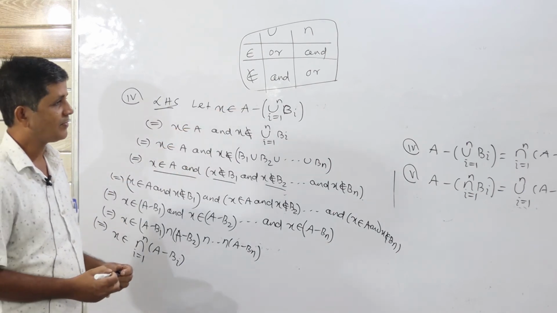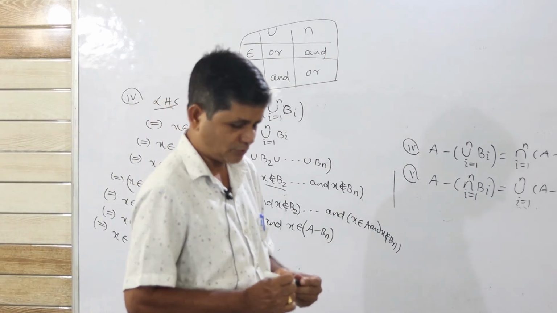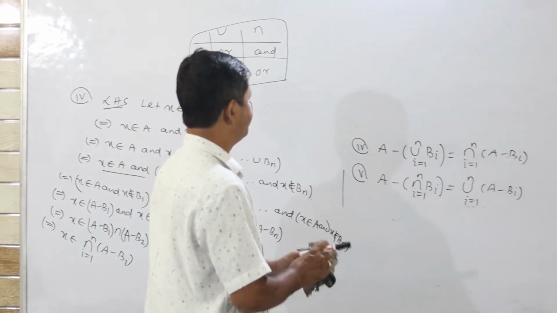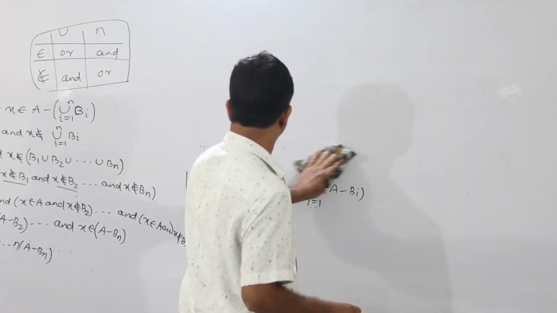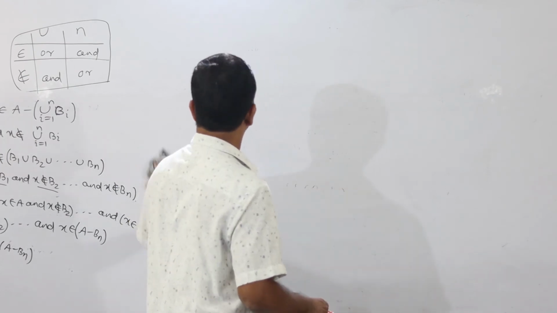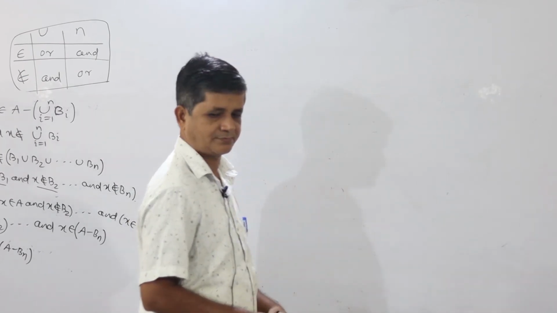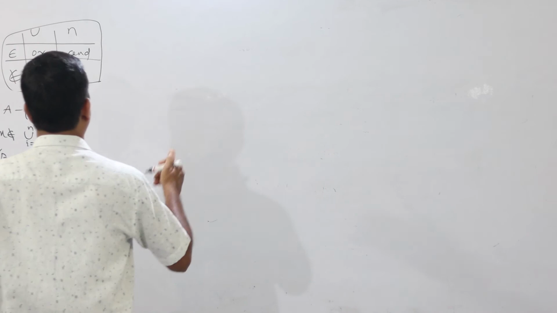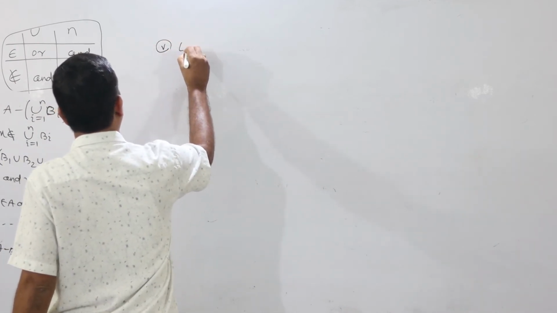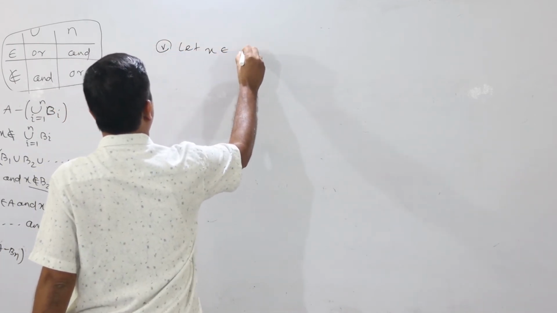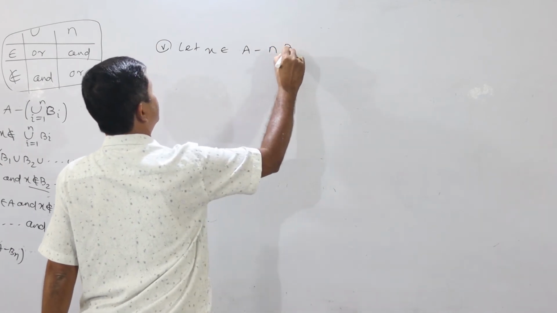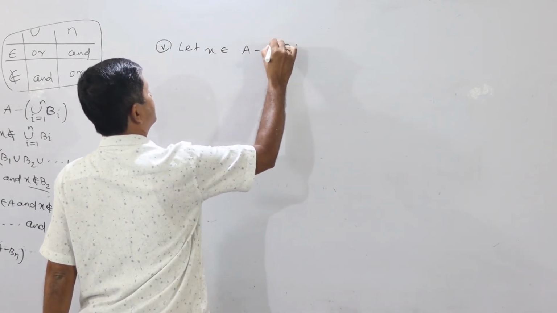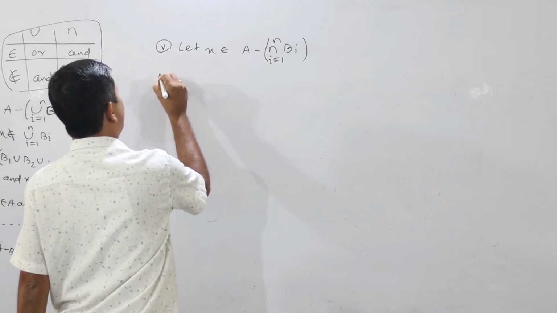equal. Come to the last bit, the proof of the last bit. Let x belong to A difference intersection of Bi, i varies from 1 to n.